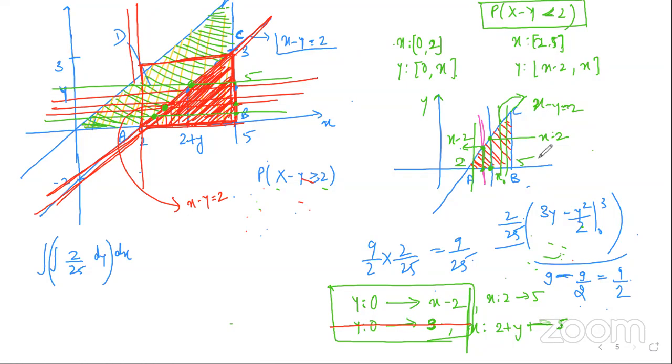But how do we connect it to the question here? The question was whether finding the probability using the area method and using the integration method was coming out to be the same or not. We had already checked, and in both the cases the probability is coming out to be 16 upon 25.